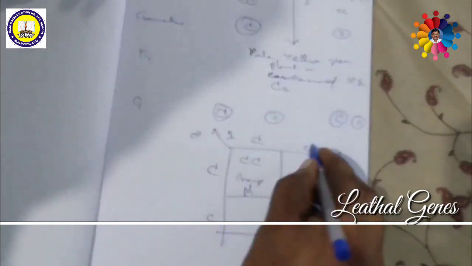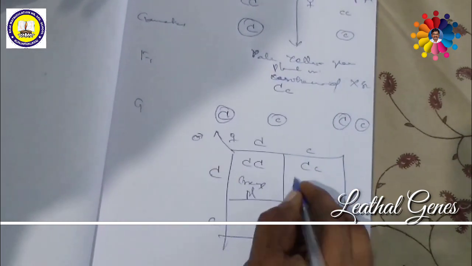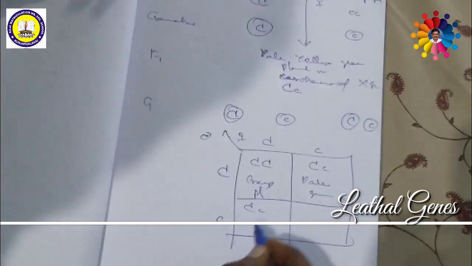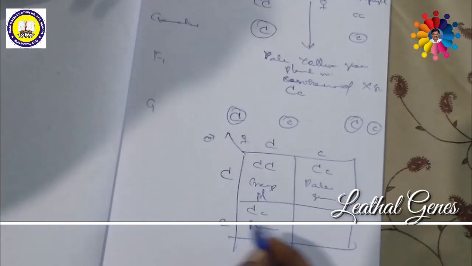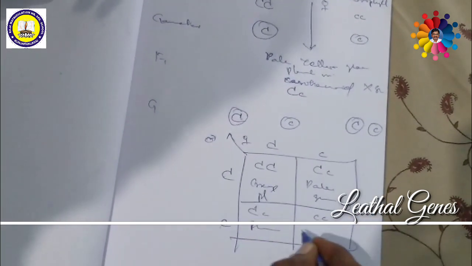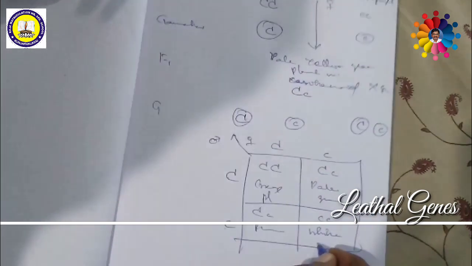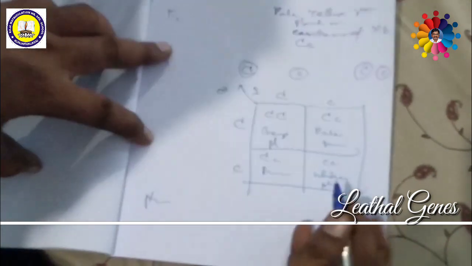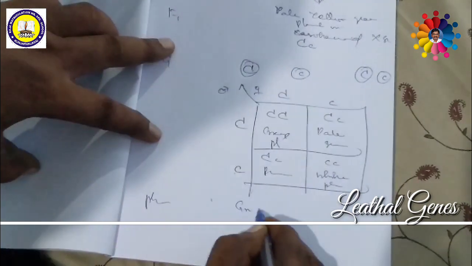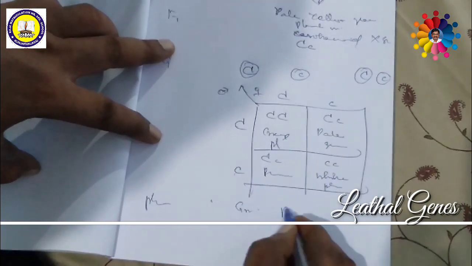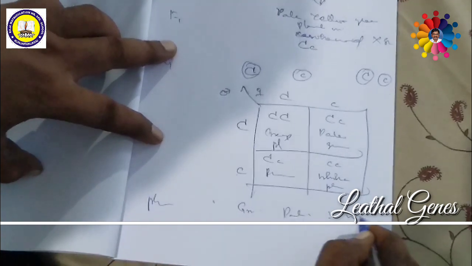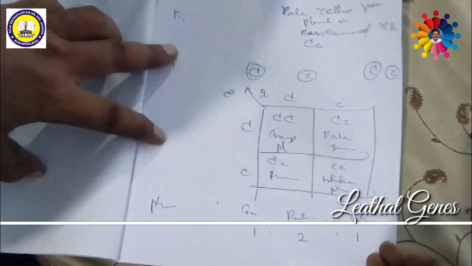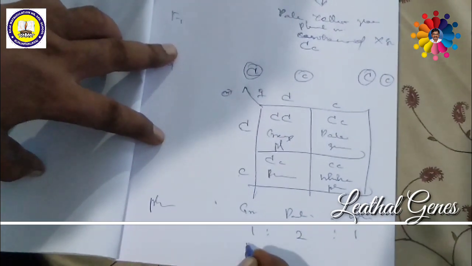Then capital C small c, pale green plant. Then capital C small c, pale green plant. Then small c small c, a white plant without chlorophyll will be produced. So the phenotypic ratio of green plant to pale green plant to white plant will be 1:2:1. So their genotype is capital C capital C, capital C small c, small c small c.